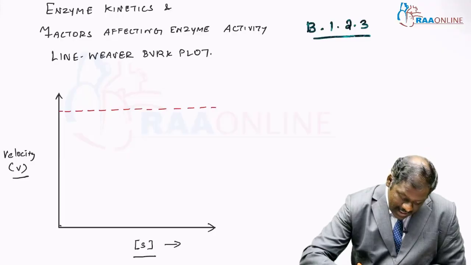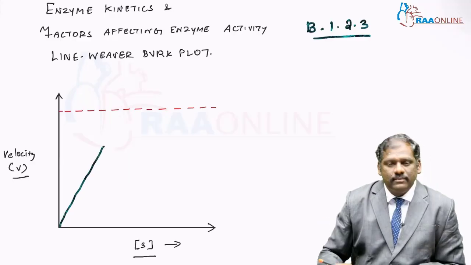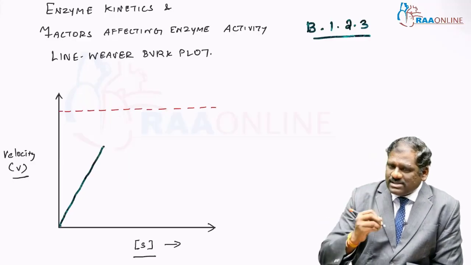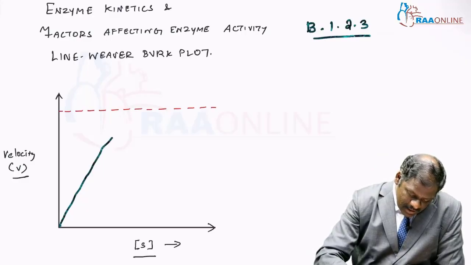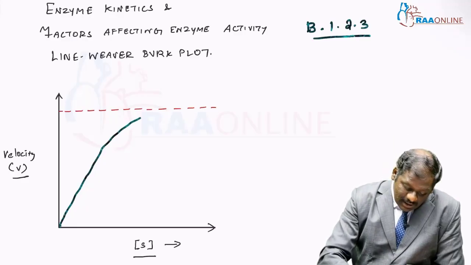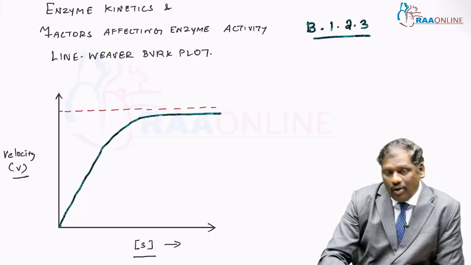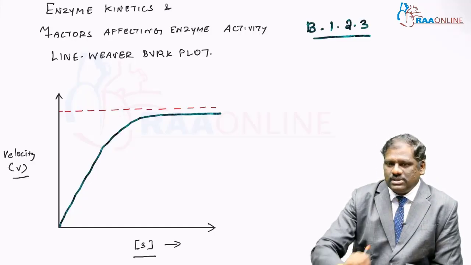So, the velocity slowly increases. Okay. After a certain point, what happens? This velocity will reach a plateau. And after that, it will not increase at all and it will remain stable at a single position itself.